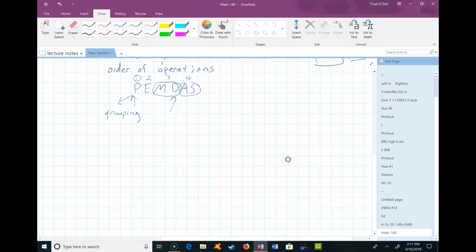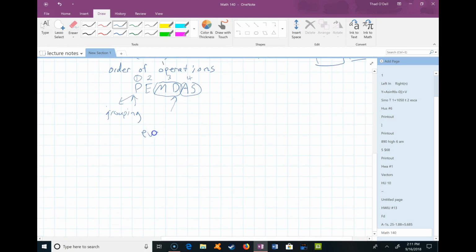How is that different, for example, from evaluate? Sometimes you'll see evaluate. Well, evaluate, like it sounds, means to tell the value of a certain expression. So you could say, evaluate the following expression: 3 plus 4 times 5 over... well, I forgot what I did before.